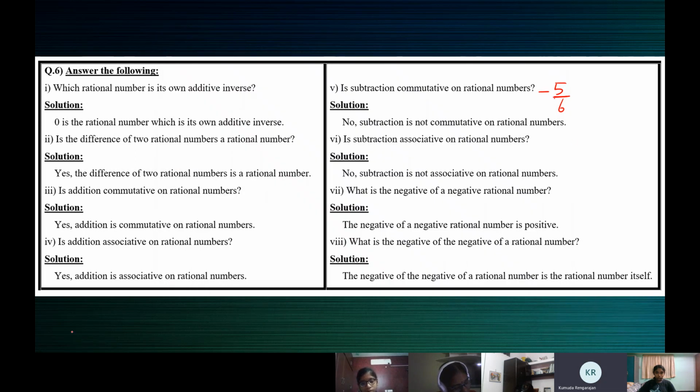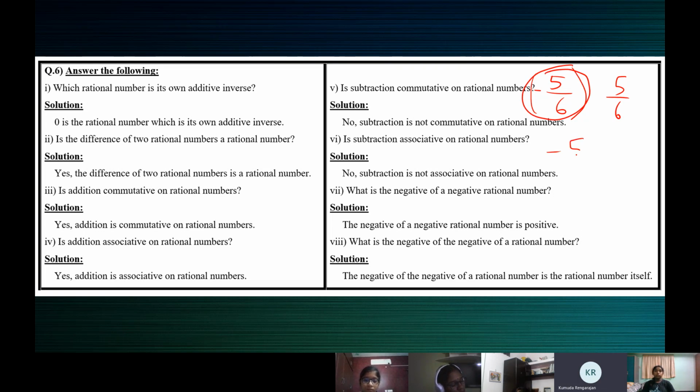Okay, so 5 by 6 is a rational number. Minus 5 by 6 is a negative rational number. The negative of this negative rational number is 5 by 6.